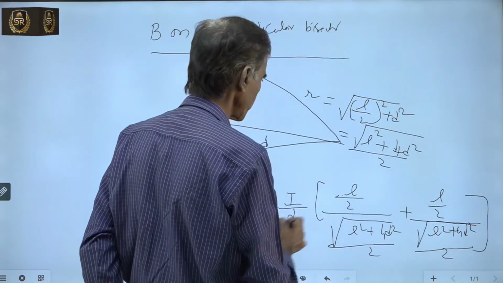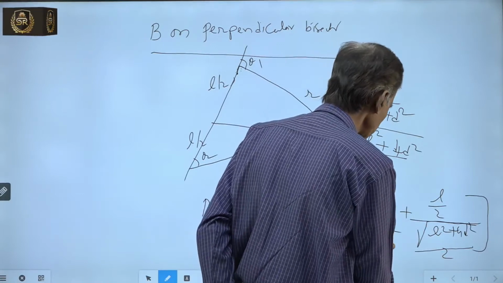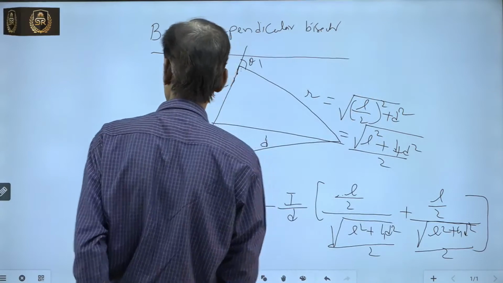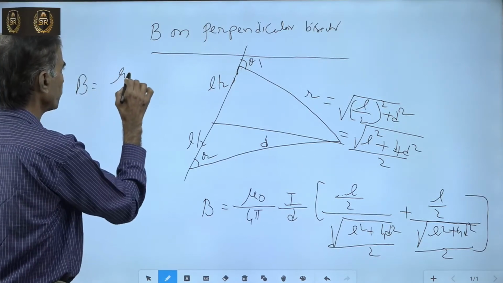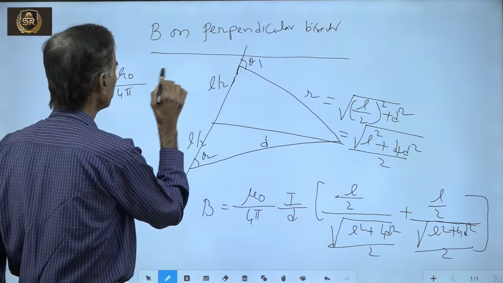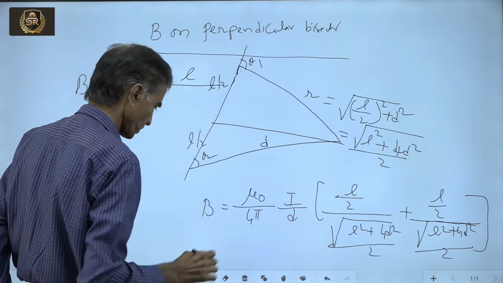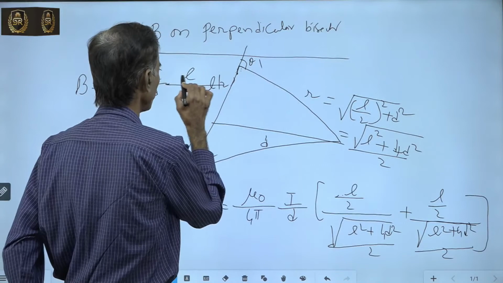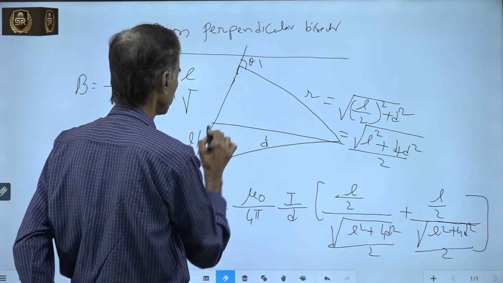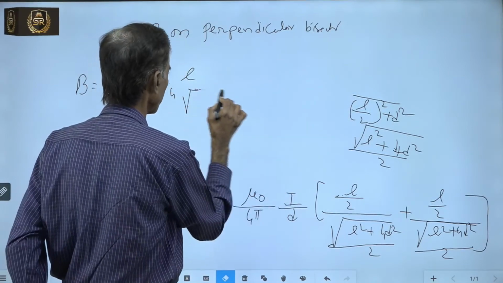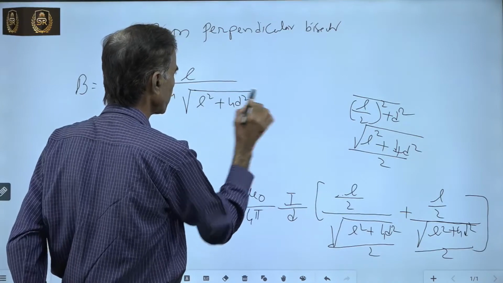So, what is our final answer here? See this, L by 4, isn't it? Therefore, on the perpendicular bisector, we get B is equal to mu naught by 4 pi into I by d into L by root of L square plus 4d square.